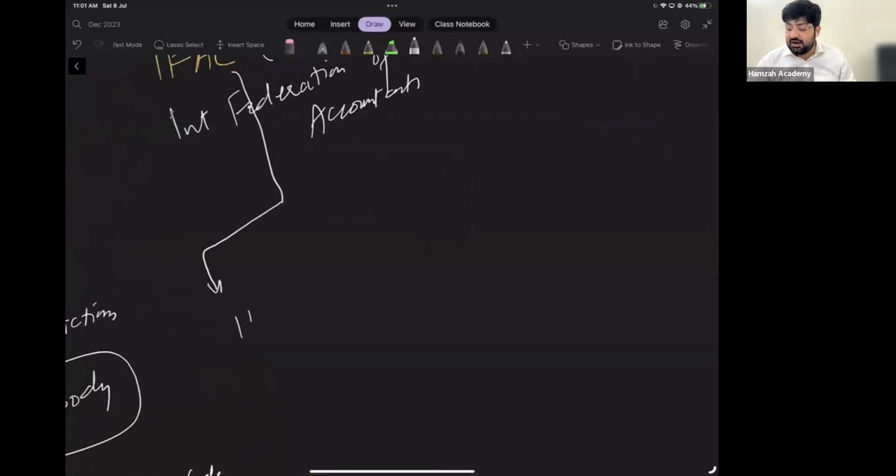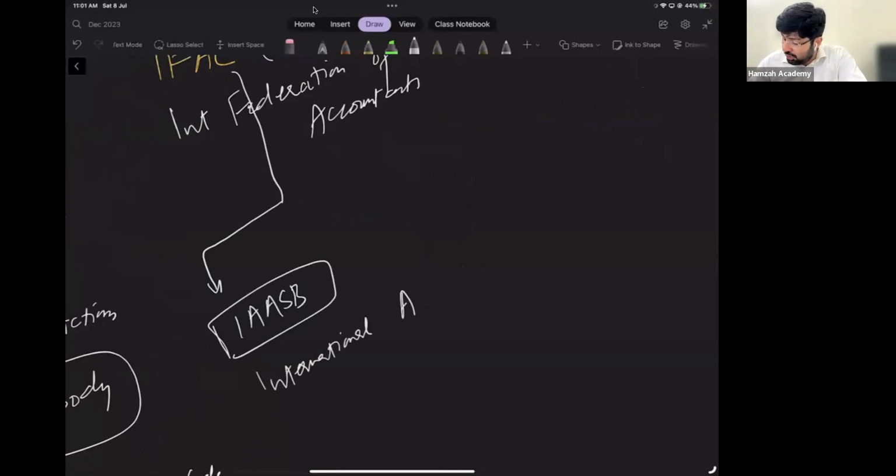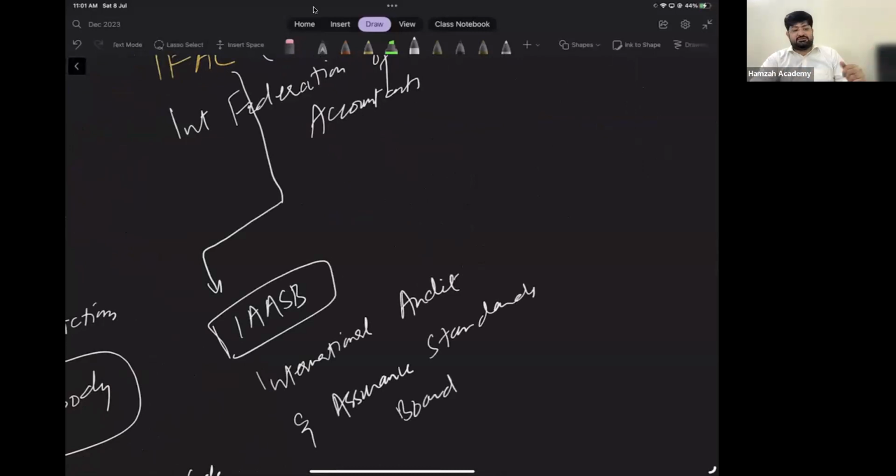One is IAASB, International Audit and Assurance Standards Board. What does it do?